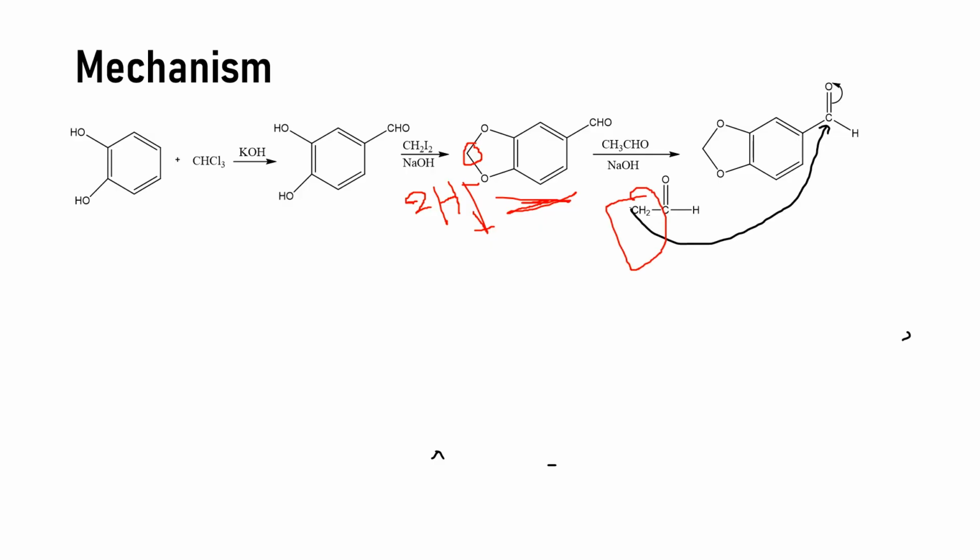This carbanion will attack the carbonyl carbon, the carbon attached with the double-bonded oxygen. This bond migrates to the oxygen upward, and then next this hydroxy group will be removed.